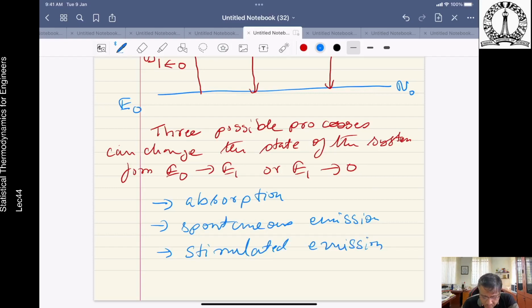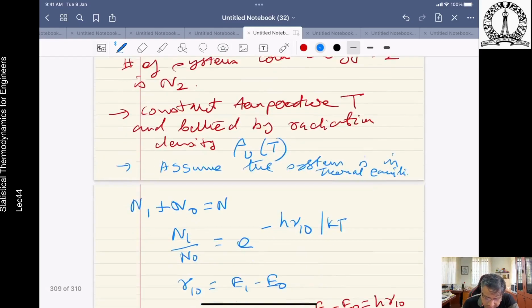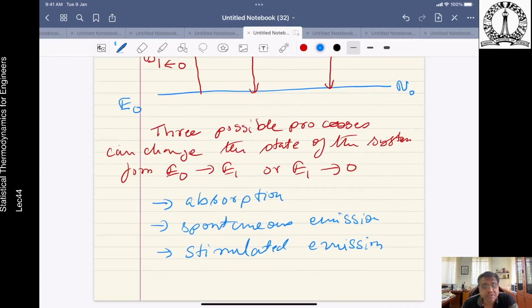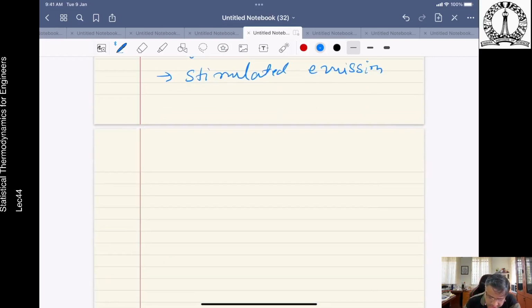When this system is bathed with radiation, absorption results from the presence of a radiation density of the precise frequency needed to drive a transition from the ground state to the excited state. Let us draw the different types of transitions so that you understand what absorption, spontaneous emission, and stimulated emission are. Absorption first.